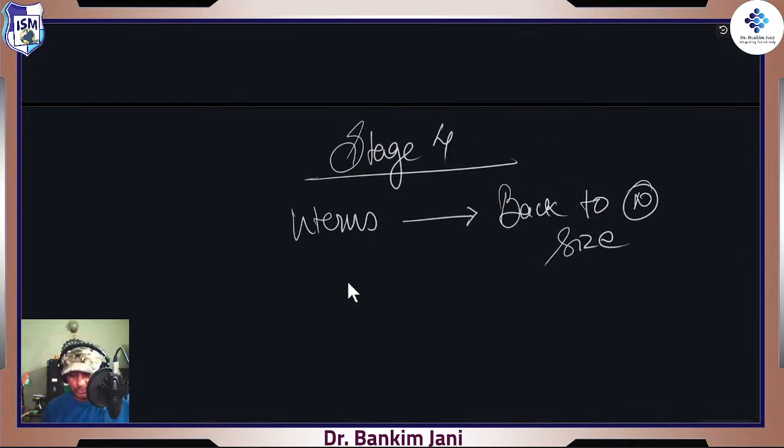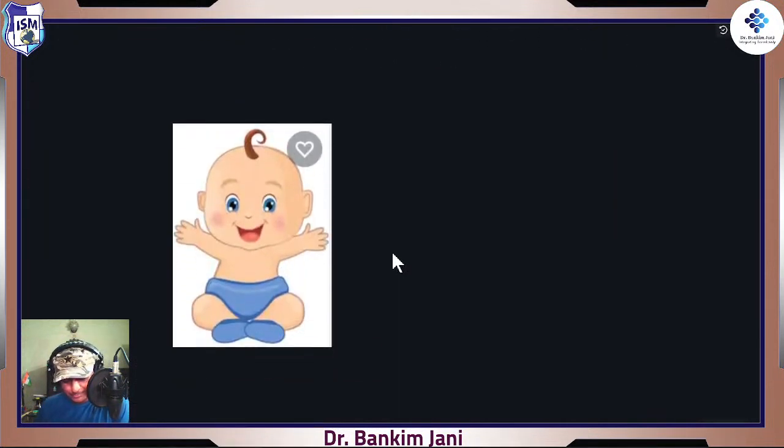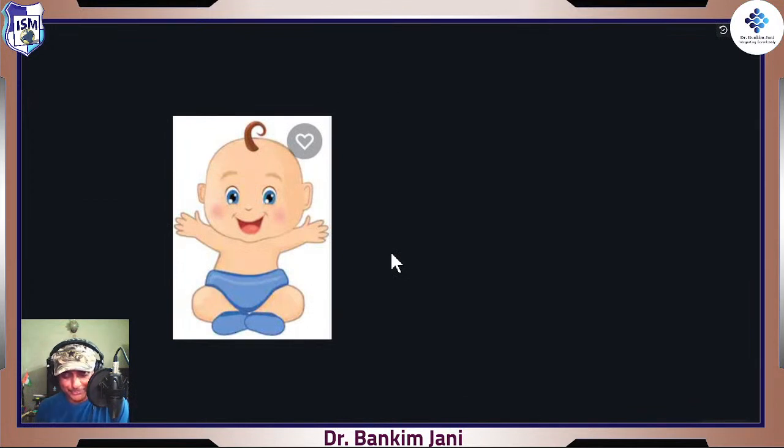And because of that blood loss, the body is just adapting to that blood loss, right? So that's why rest and nutrition is what is needed. So that's it, right? So that's the happy baby, right? So this is for today.